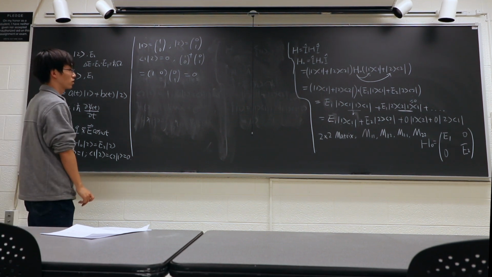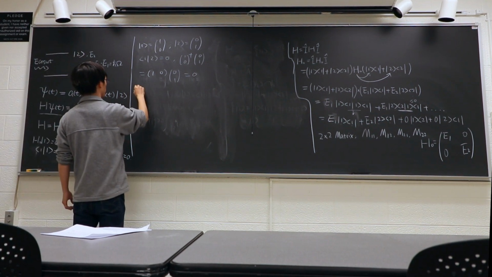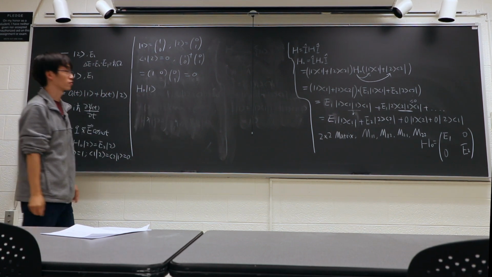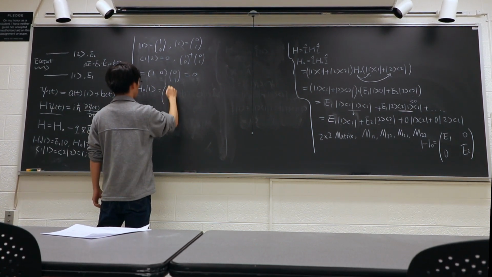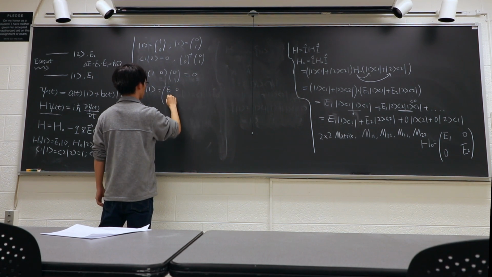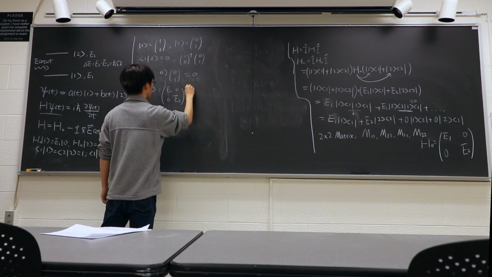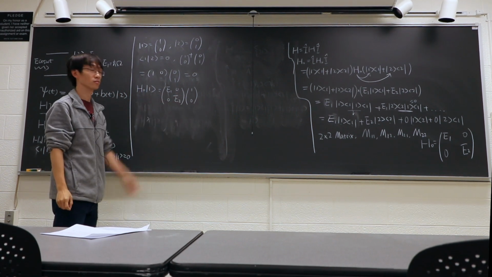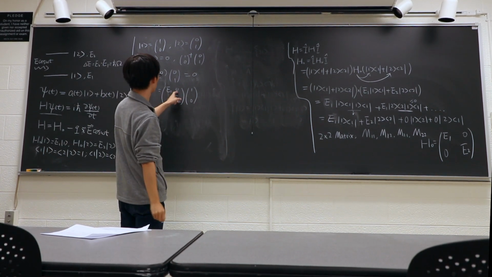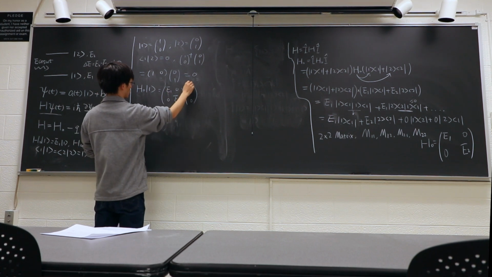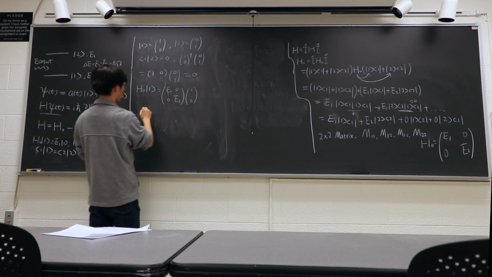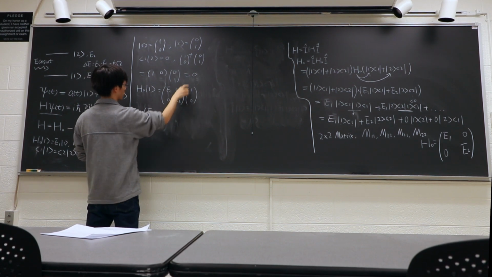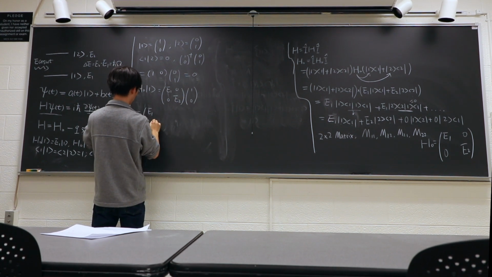Also, what this tells you is that you need to verify this. If you write it down in the matrix form, you have E1 0 0 E2 times 1 0. First row, first column, second row, second column. First row, first column, you get E1. Second row, second column, you get 0.